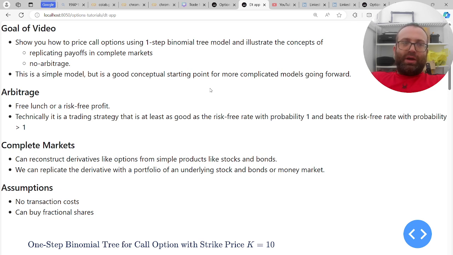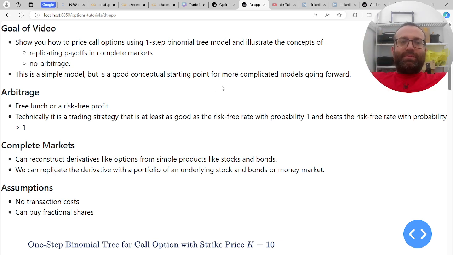So meaning you have no chance of losing compared to the risk-free rate, and a positive chance of beating it. Okay, so that's one concept, and we do not want arbitrage. We don't want free money, and even if you did have arbitrage, people would take advantage of it quickly, and supply and demand will make it so that the prices will have no arbitrage anyway.